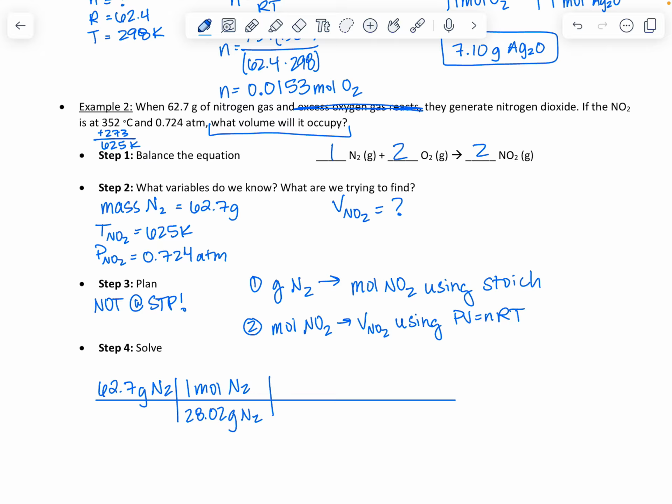Our next step is the coefficients, the mole ratio from our balanced equation. N2 is 1, and NO2, what we're trying to find, is 2. So N2 needs to go on the bottom because remember that our units need to cancel. So 1 mole of N2, and that's going to go with 2 moles of NO2.